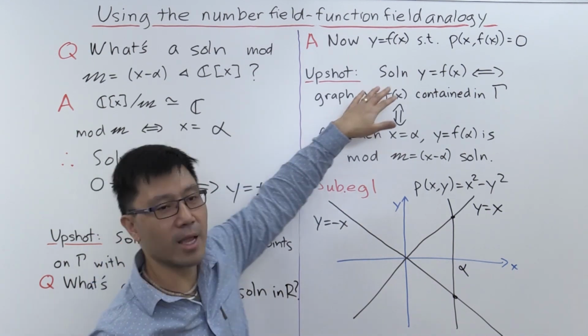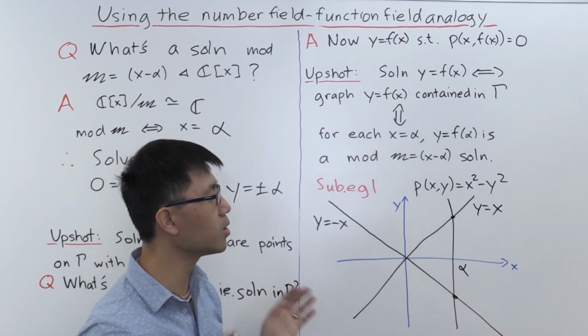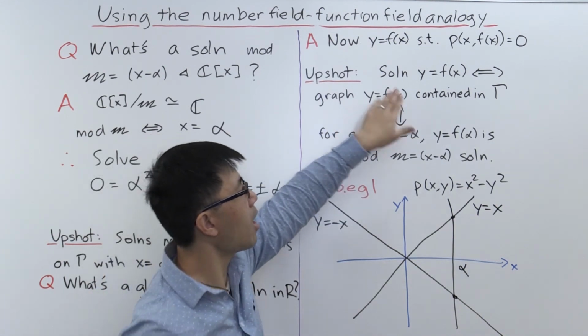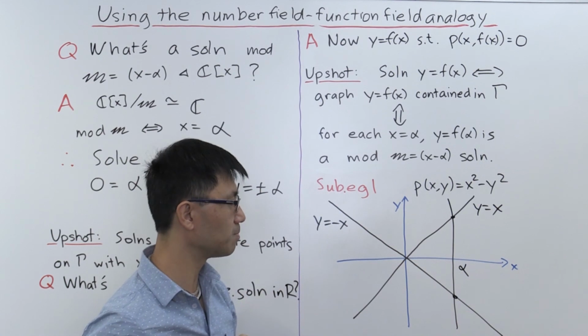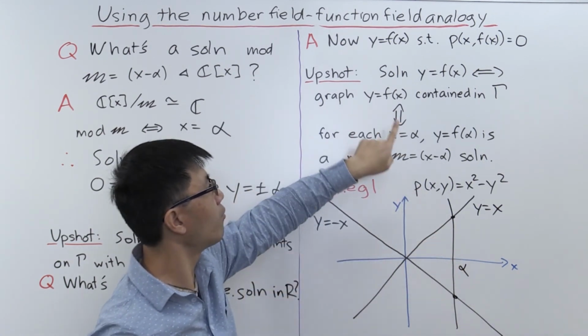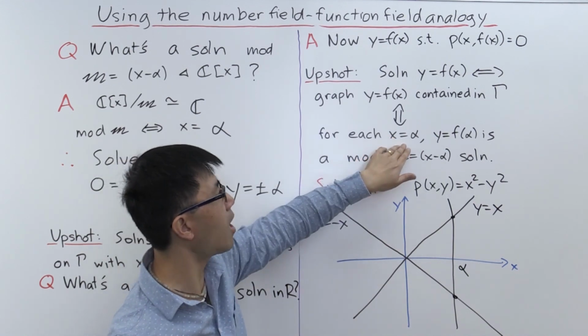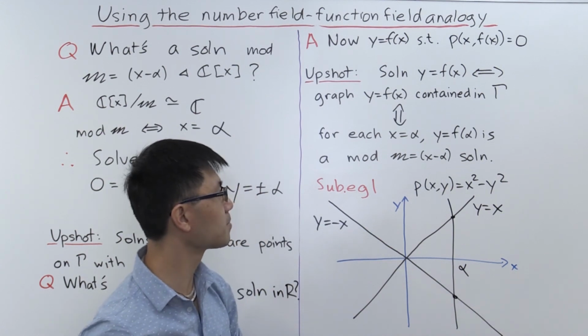So now I want to explain why this is in some sense a global solution. So why do we use the word global? So what is this graph? To look at the graph, you're talking about the graph of a function. So for every possible input, x equals alpha, you get a point on the graph. That's the point where x equals alpha, y equals f of alpha.